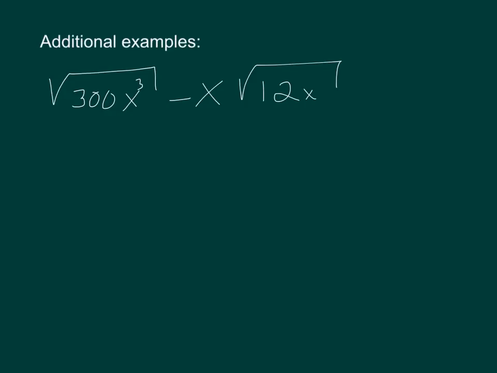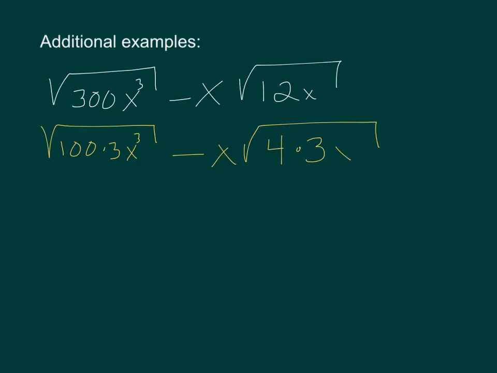So I'm hoping you can see that this 300 could be written as 100 times 3, because 100 is a perfect square. Now I could break up 12 as 6 times 2, but neither one of those is a perfect square, so I'm better off to think of it as 4 times 3, because 4 is a perfect square.